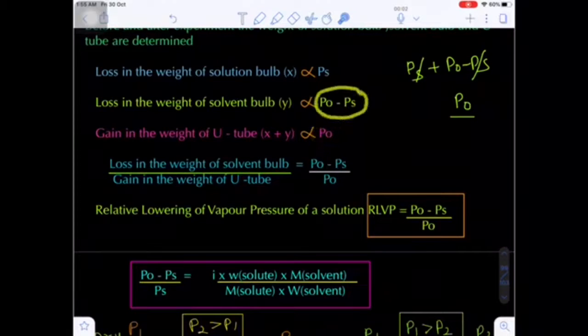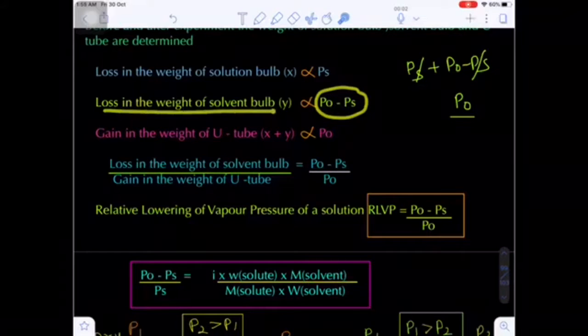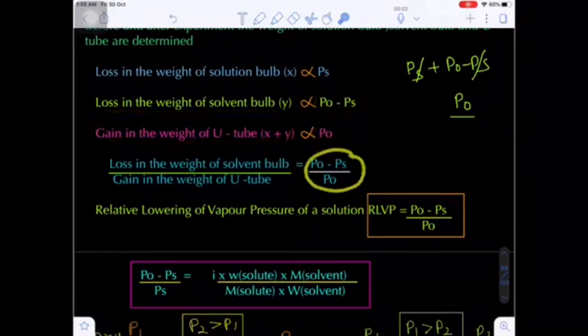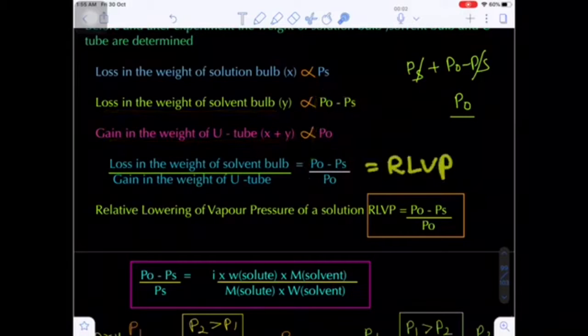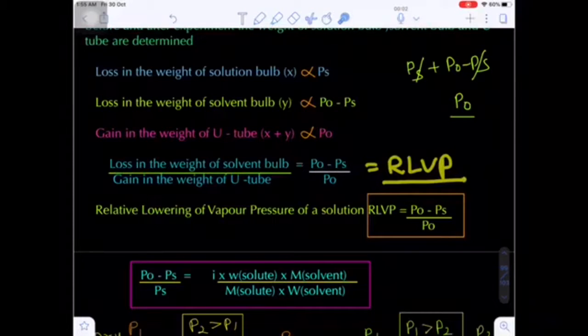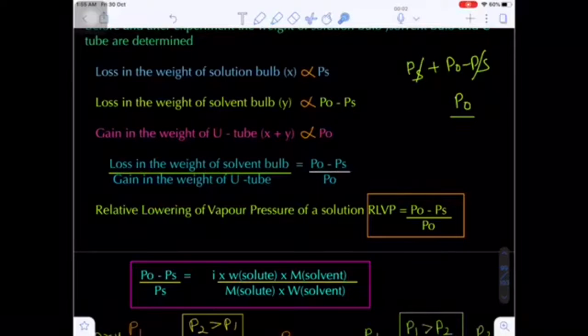So finally P naught minus Ps, that is the loss in the weight of the solvent bulb, divided by the gain in the weight of the U tube, will be equal to P naught minus Ps upon P naught. Yes or no? So this is nothing but the relative lowering of vapor pressure, that is called RLVP. So this is the experimental determination of relative lowering of vapor pressure of a solution.